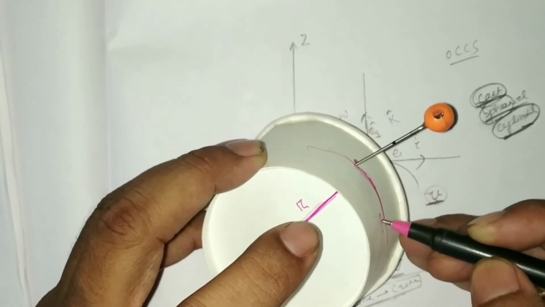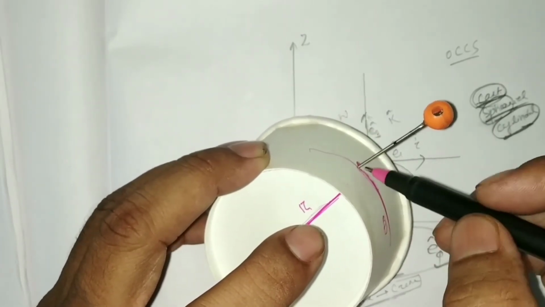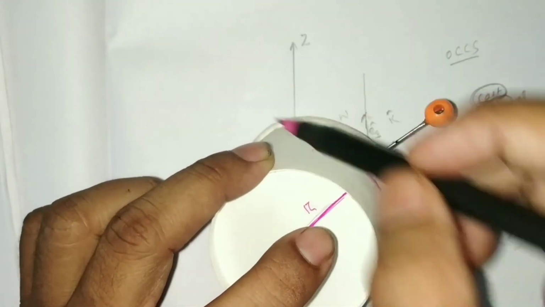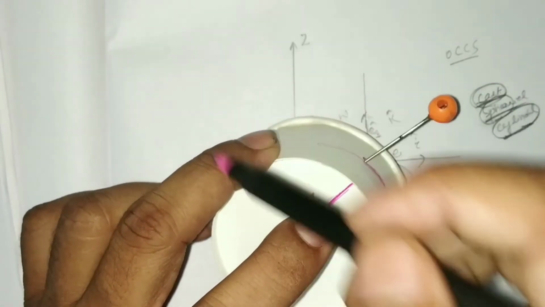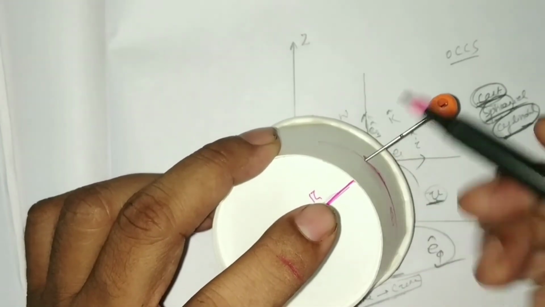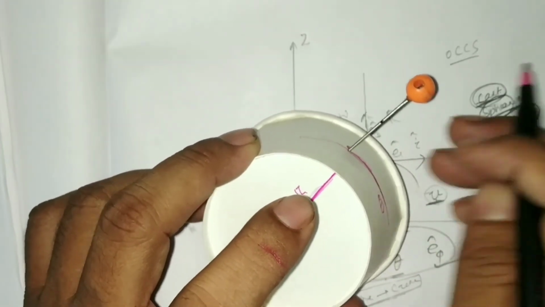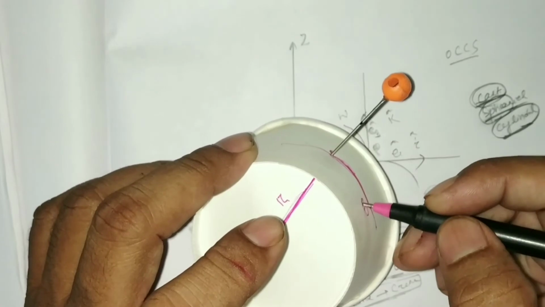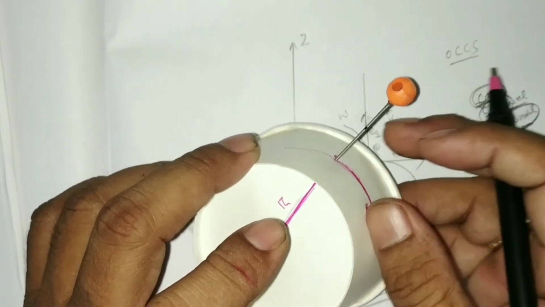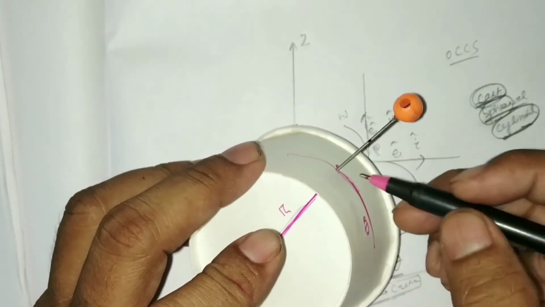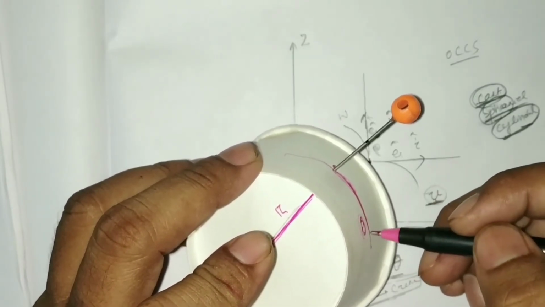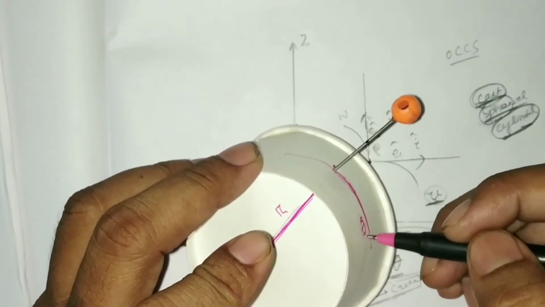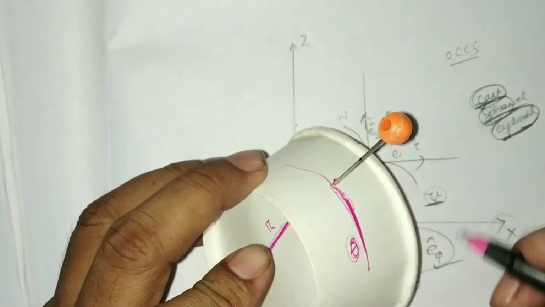If theta changes from 0 to 2 pi, that means this point moves on the surface of the cylinder one full round. So another parameter or curve we need to represent this point is theta, or this curve belongs to the change of theta.